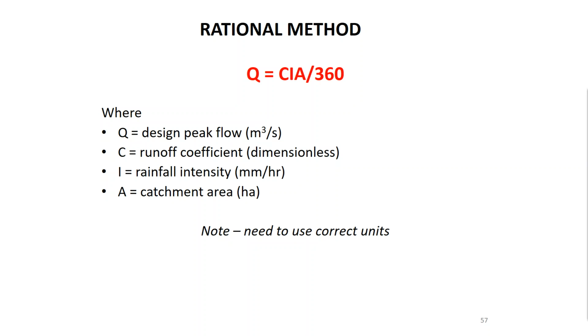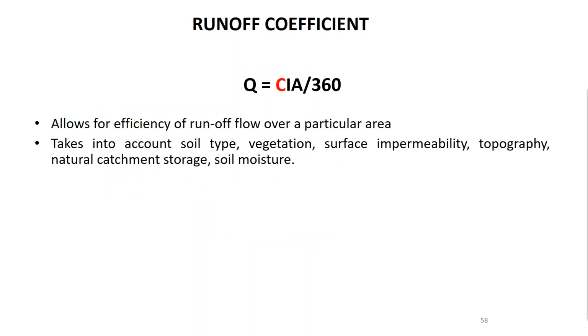You need to use the correct units. The 360, which is the denominator on the equation, corrects the different units that you've got there so that what comes out is meters cubed per second. There are different versions of this using different corrections, but this is the one we're going to use for this video. So let's look at each one of these factors in turn.